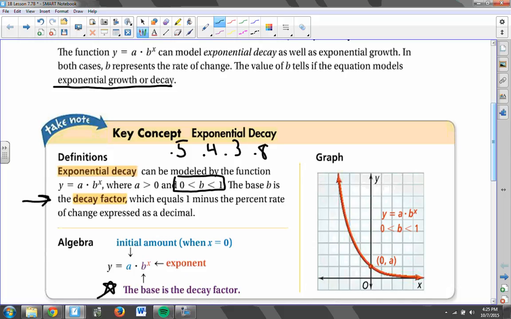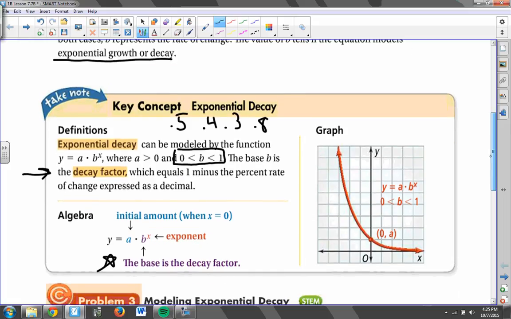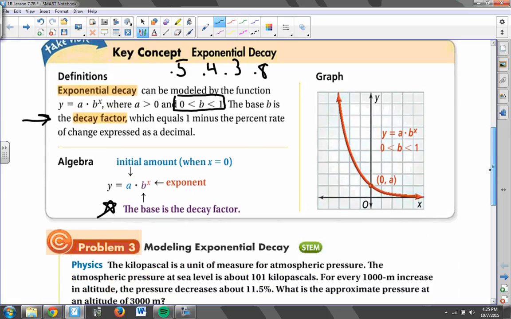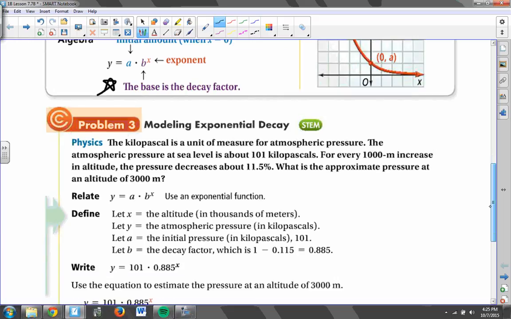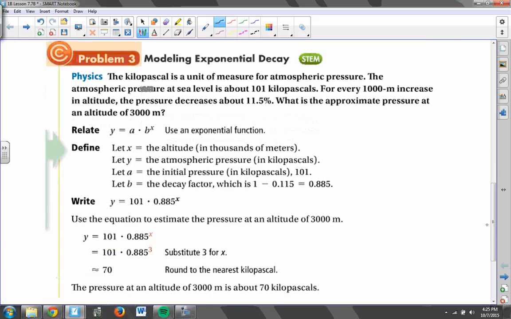So we're going to look at an example problem where we're going to model exponential decay, and that is really all we need to worry about tonight, so it should be a relatively short video. So let's look at this problem here. Another word problem, another science problem, where they're asking us to model this exponential decay.